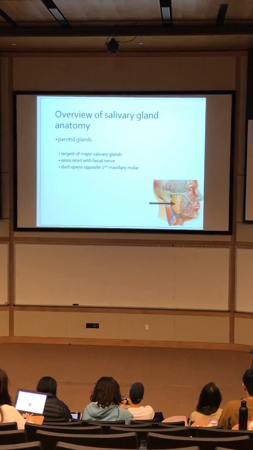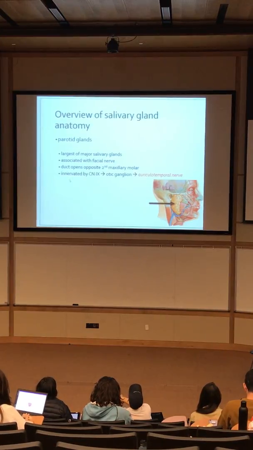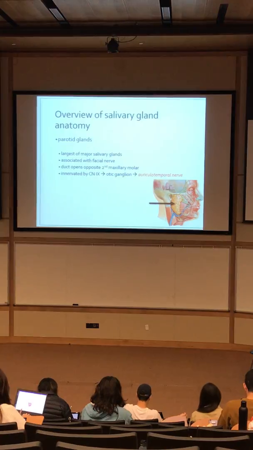Okay? The duct of the parotid gland opens in the oral cavity opposite the second maxillary molar. So if you look inside your cheek, you'll see this little bump, and that's where the duct is opening up. The parotid gland is innervated by cranial nerve 9, the glossopharyngeal nerve, and that leads preganglionic parasympathetic fibers to the otic ganglion, which is in the infratemporal fossa.